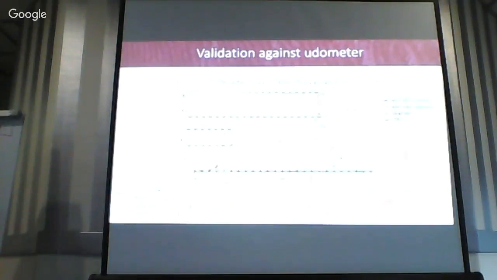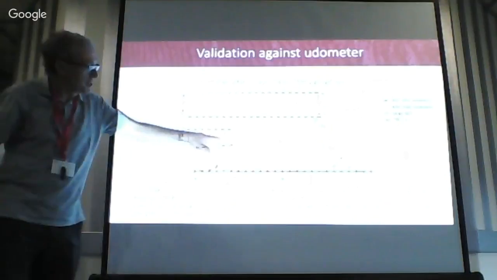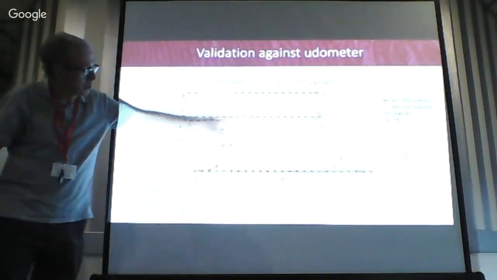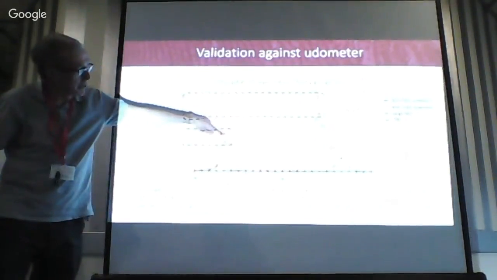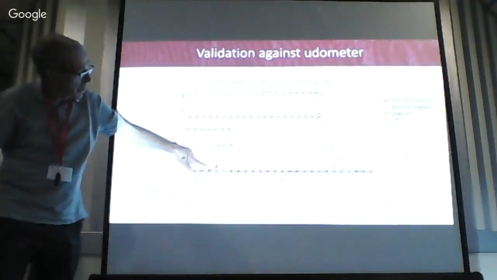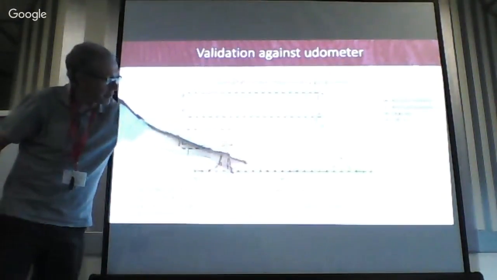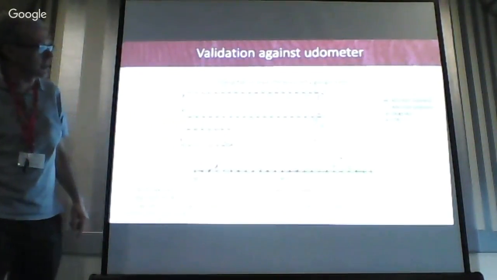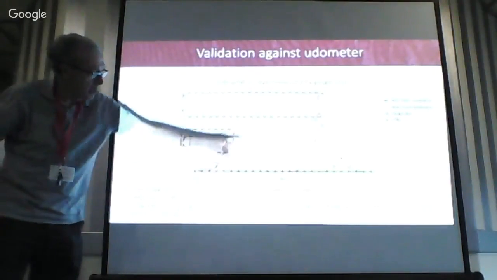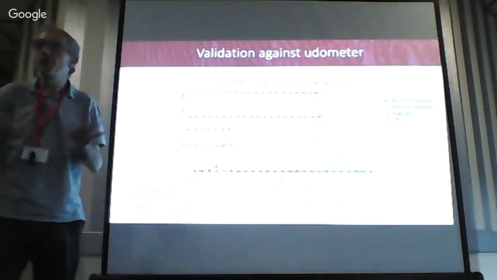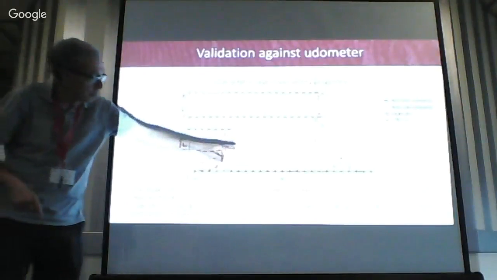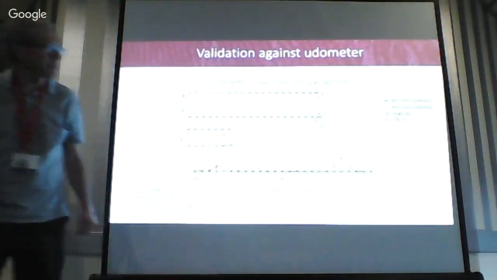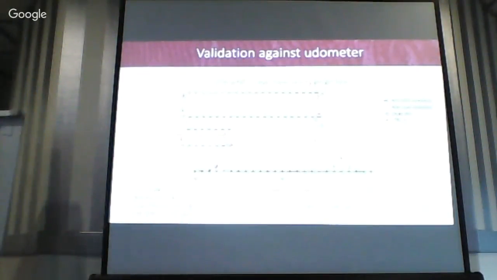This is now a validation at just one point. This is the other rain gauge. So we have this green line, which is the rain gauge, and this red curve is the InSAR simulation, and the black one is the control with no rain, and this blue line is the GNSS simulation.